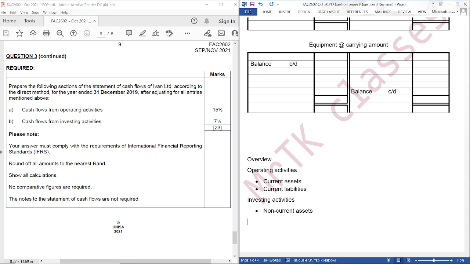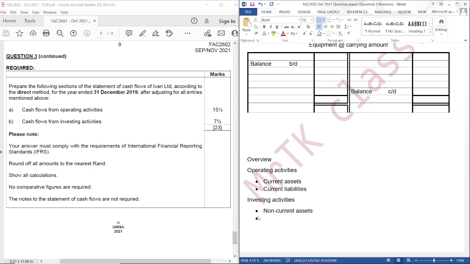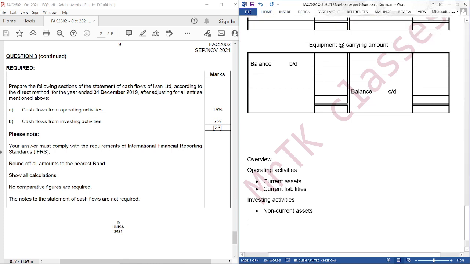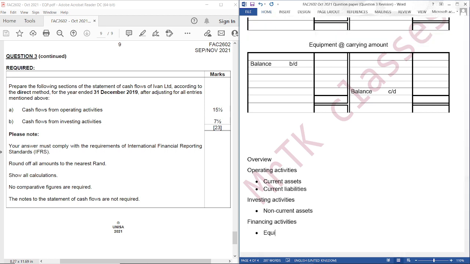Under financing activities, we'll look at equity as well as non-current liabilities.